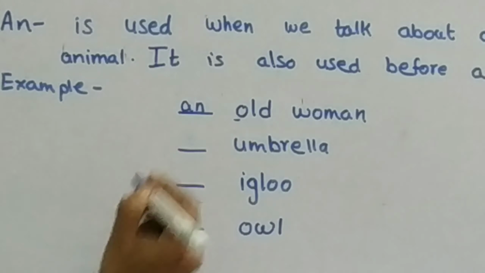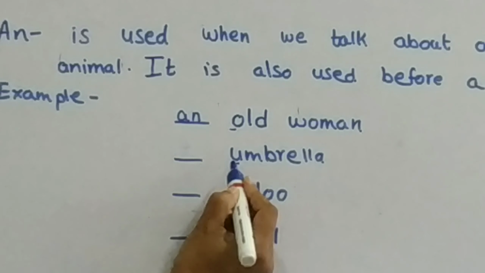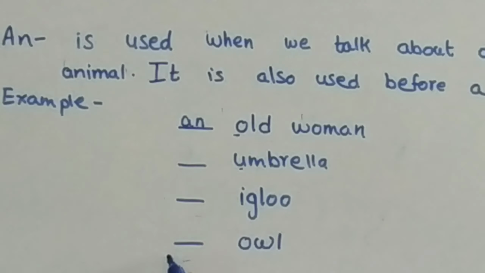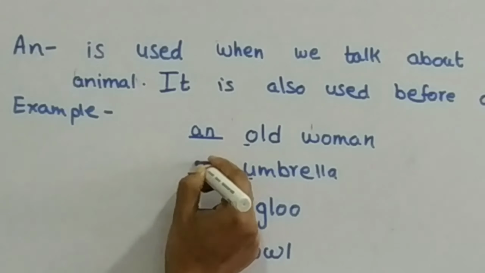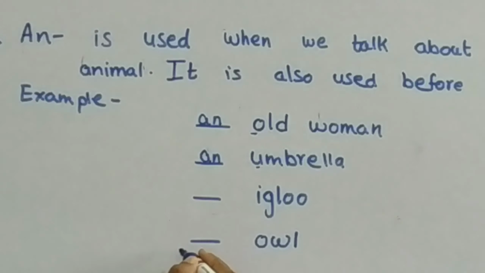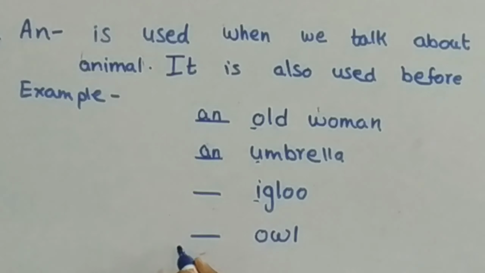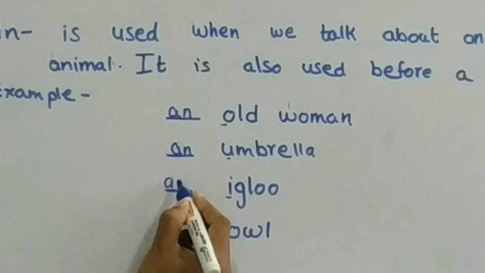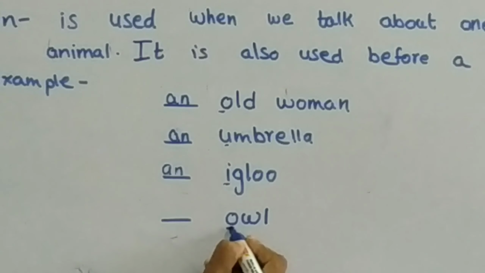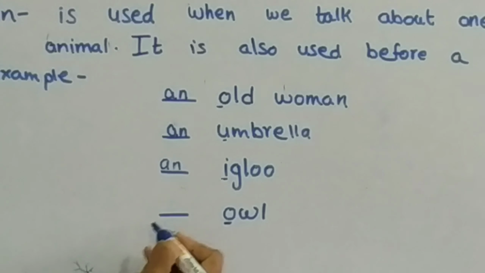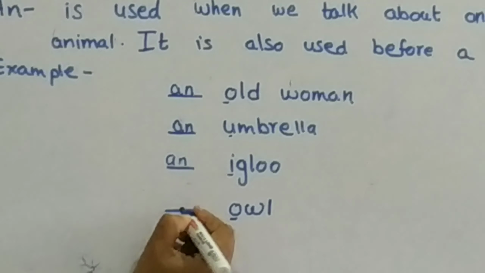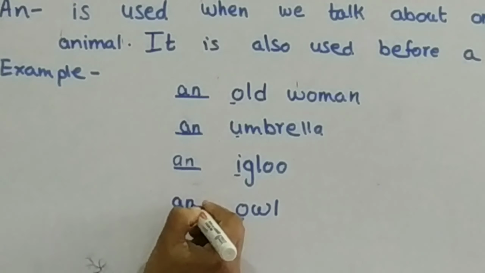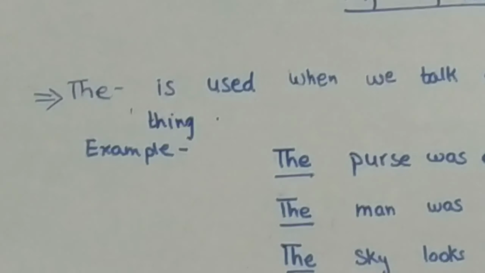An old woman. Umbrella, U here is a vowel. Remember? So we'll put what? An umbrella. Igloo, I is a vowel. So what are we going to use here? An igloo. Owl, O again a vowel, we'll write an owl.